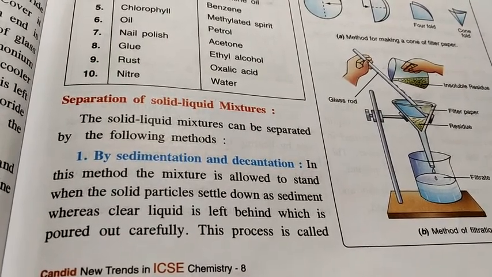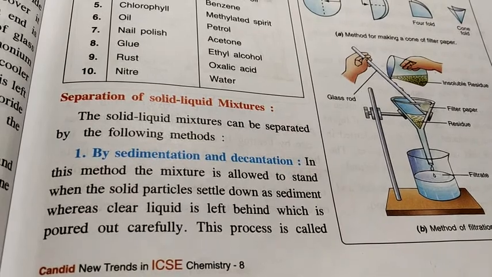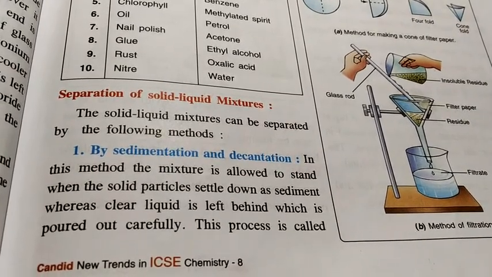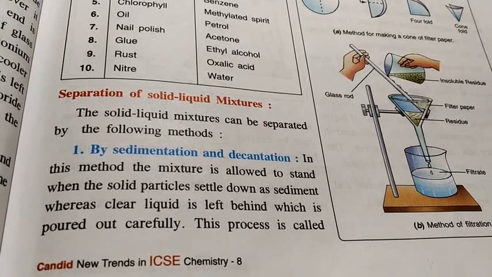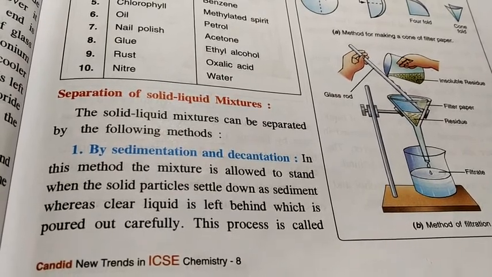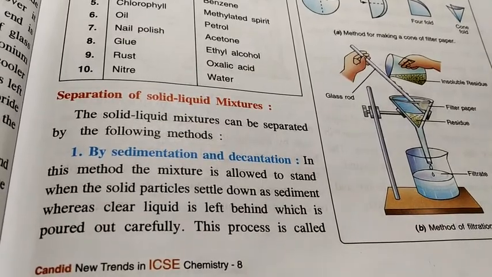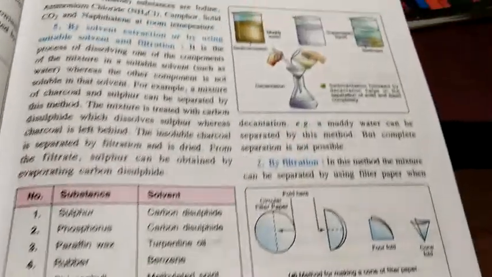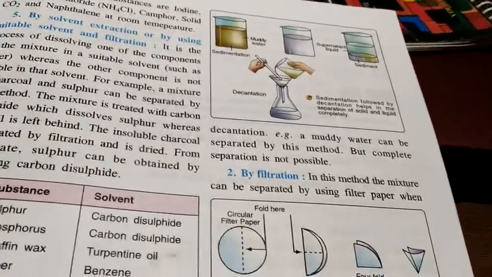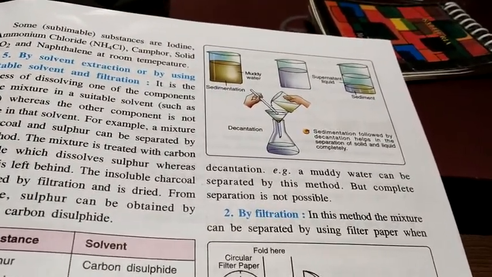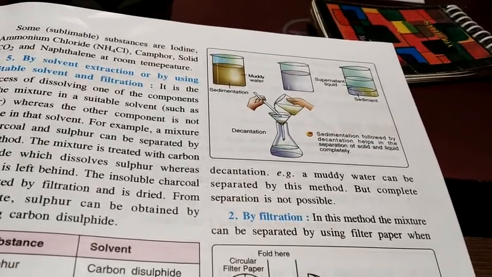In this method the mixture is allowed to stand, meaning we keep that mixture for some time. Why? In this time period, the solid particles keep settling down as sediment, and they leave the clear liquid. So that clear liquid we can easily and slowly pour into another container. This is what is called decantation.